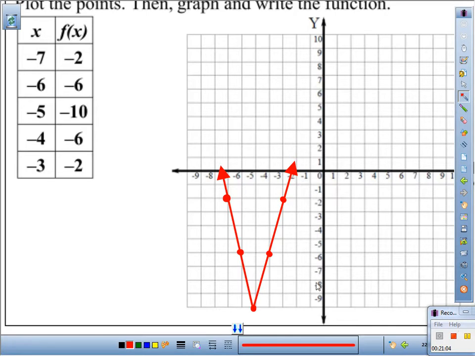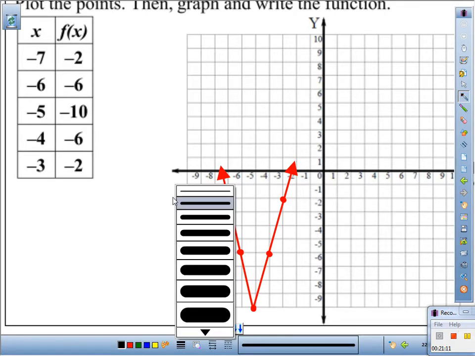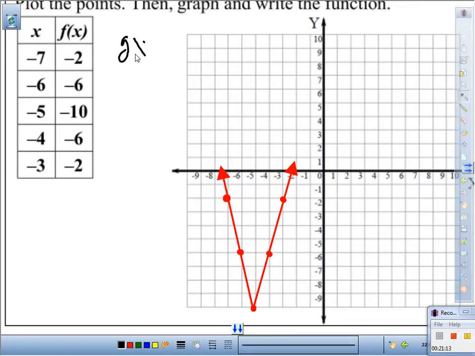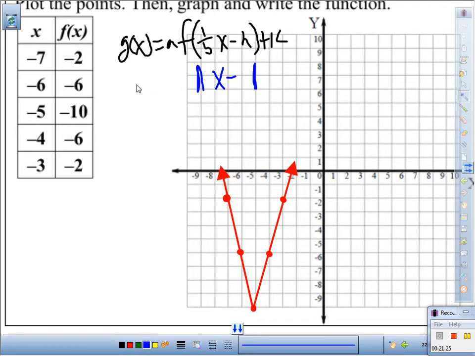Therefore, I would write g(x) equals a f of 1 over b x minus h, plus k. But now since we have absolute value, we're going to focus on A. What was our vertex? Our vertex was (-5, -10).